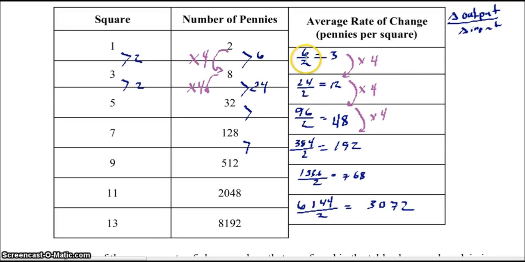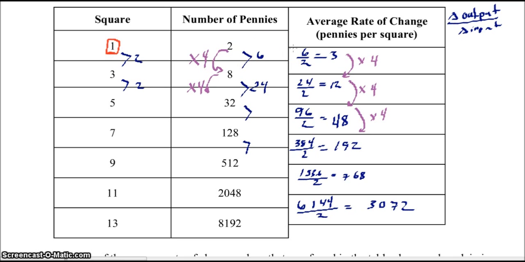So here's an interval. The number of pennies was 1, and our average rate of change was 3. On the next interval, the average rate of change is 12, and our initial input was 3. Do we notice any pattern? I don't really see a pattern.